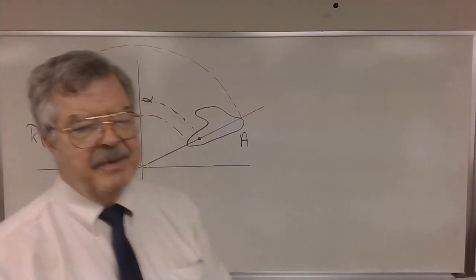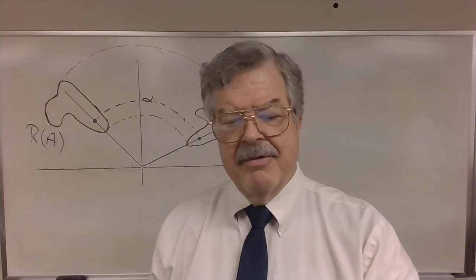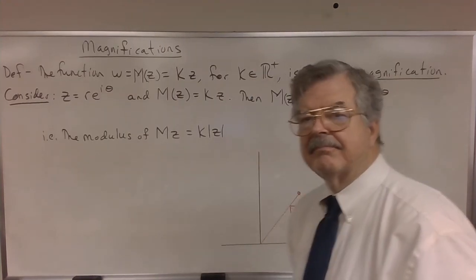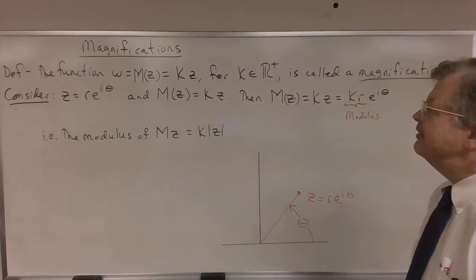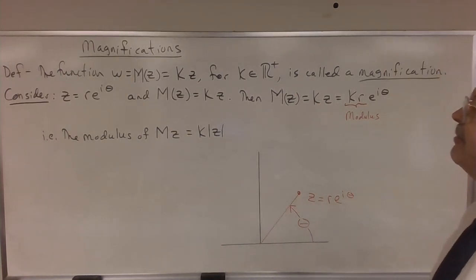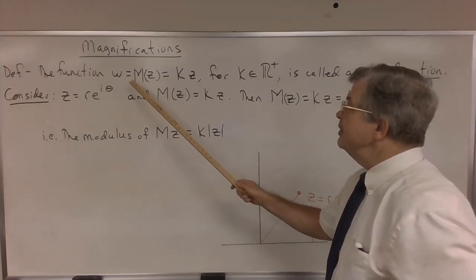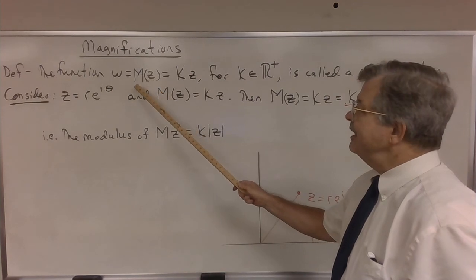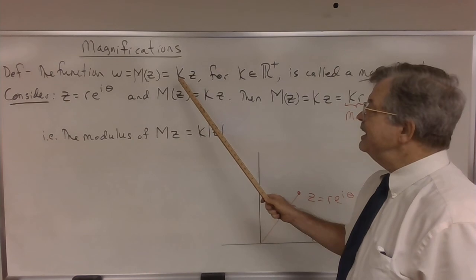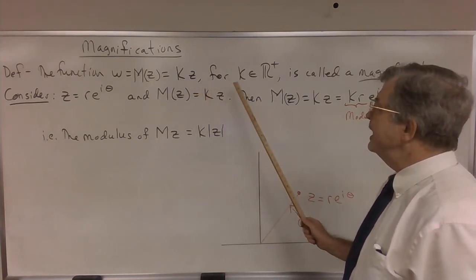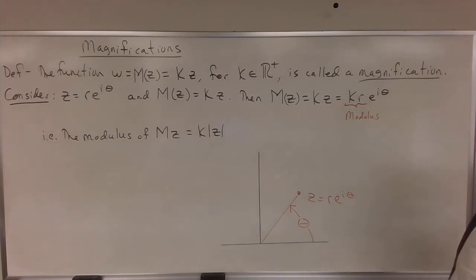Now let's see, I guess we have one more transformation to look at. This is, in a way, the last of our transformations, and it's called a magnification. The function w equals m of z, m for magnification, where the function is defined to be k times z, where k is a positive real number, is called a magnification.